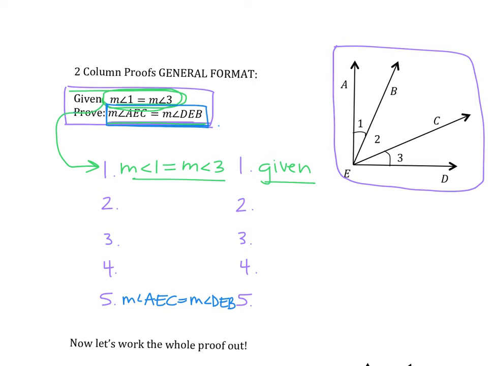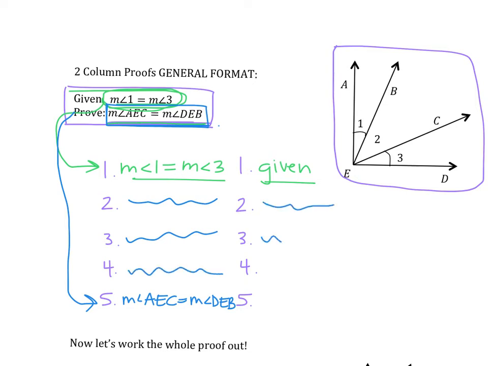The prove portion is always going to go as your last step, and the given portion is always going to be your first step, and then everything else is up to you to figure out, or maybe I will give you the left side and you just have to figure out the right side. But generally speaking, this is going to be your format. The given first, what they asked you to prove last, and then you fill in the rest. Any questions just on general format first?